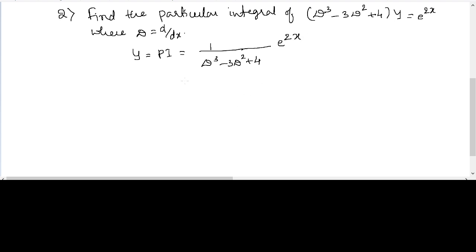That means we have to replace D by a, D square by a square, D cube by a cube, etc. What is the value of a here? It is 2.